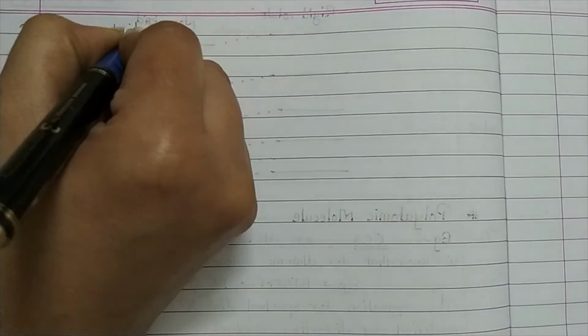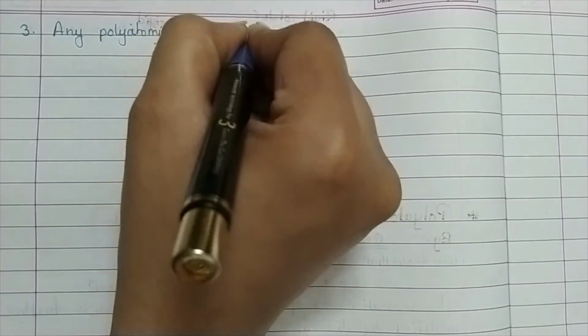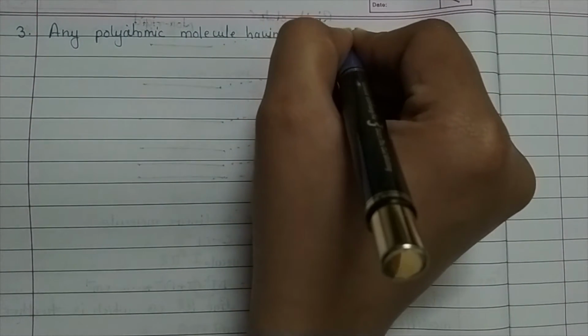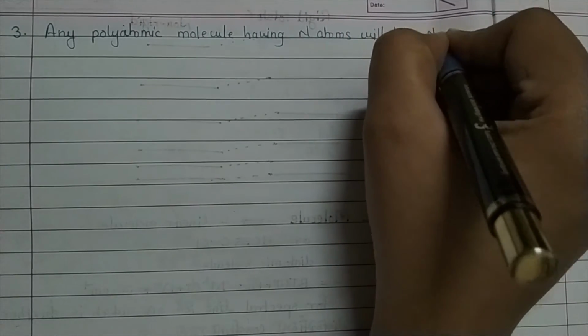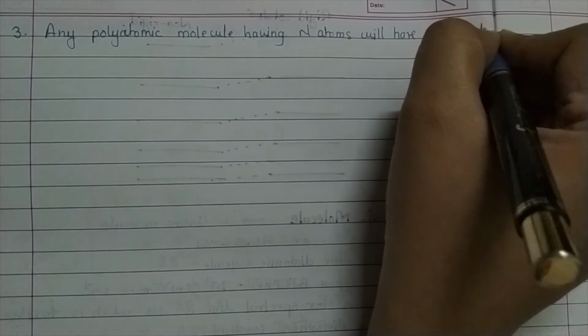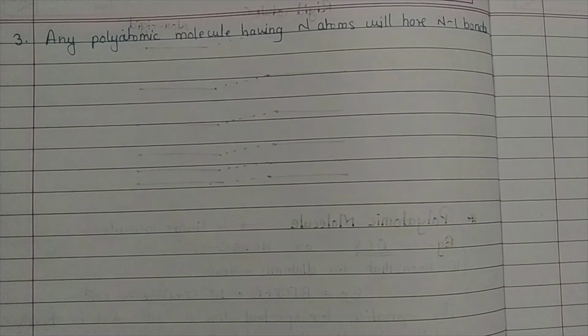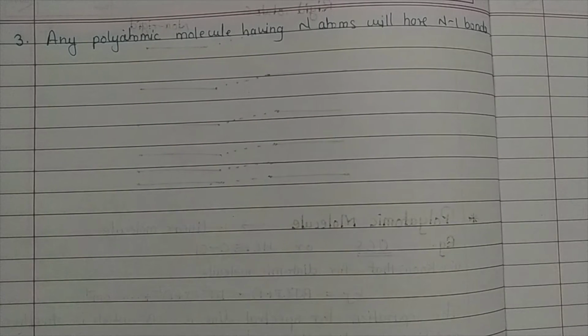The third point is that any polyatomic molecule having n number of atoms will have n-1 bonds. Yes or no? So if we take the example of OCS again, as there are 3 atoms, there are 2 bonds. That is, n atoms will have n-1 bonds. Is it clear?